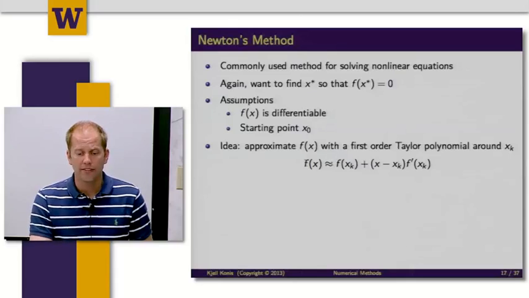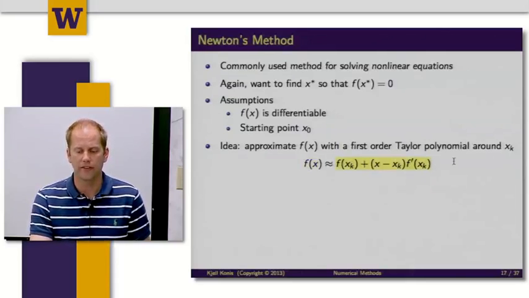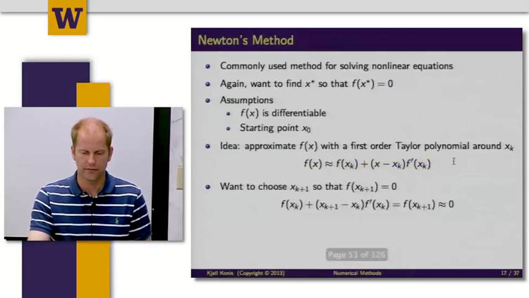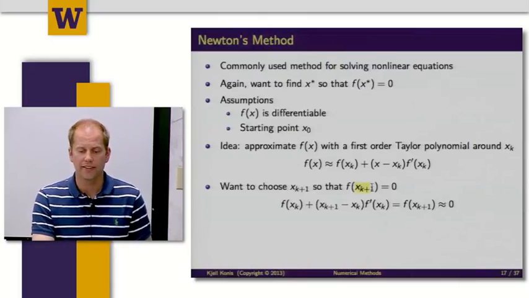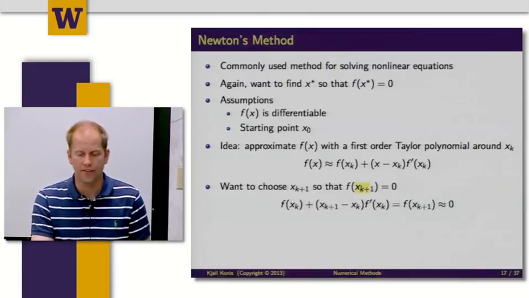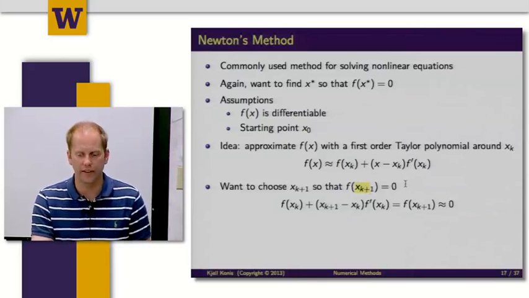And then I want to find a point where f of x is equal to 0. So I'm just going to set this equal to 0. I want to pretend that this function would be straight enough that if I plugged in xk plus 1, it would be equal to 0. And so the linear function is actually going to do that for me.